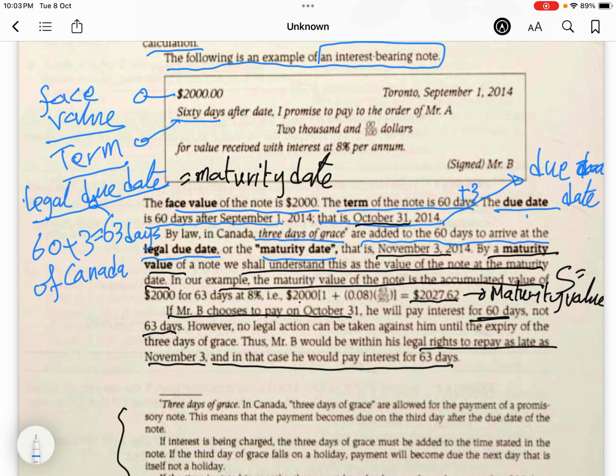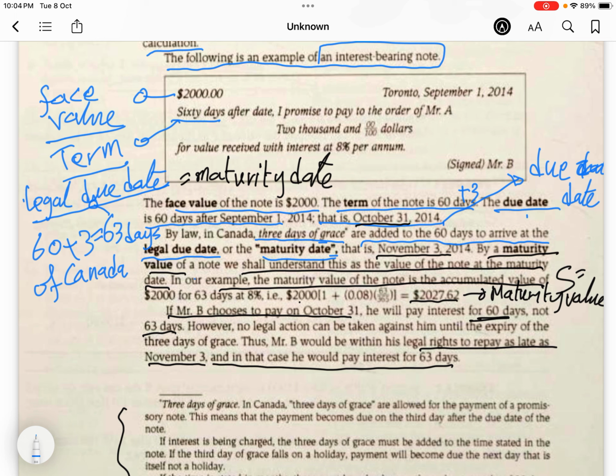The due date is 60 days after September 1st of 2014, that is October 31, 2014. By the law of Canada, 3 days of grace are added to the 60 days to arrive at the legal due date, or the maturity date, that is November 3, 2014.